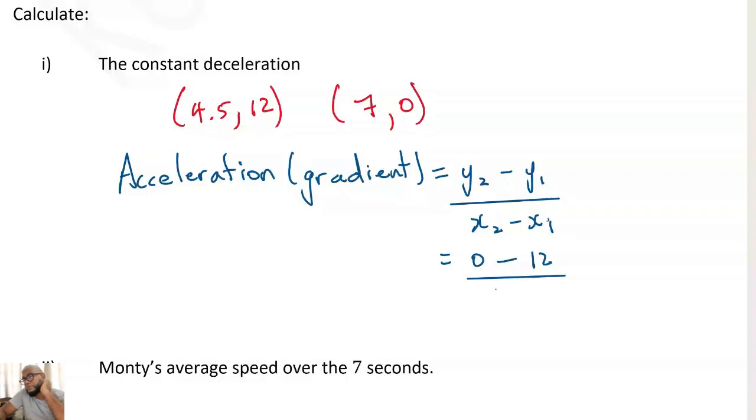X2 is 7. We wanted Aaron to work. X2 is 7, right? What's x1, Aaron?